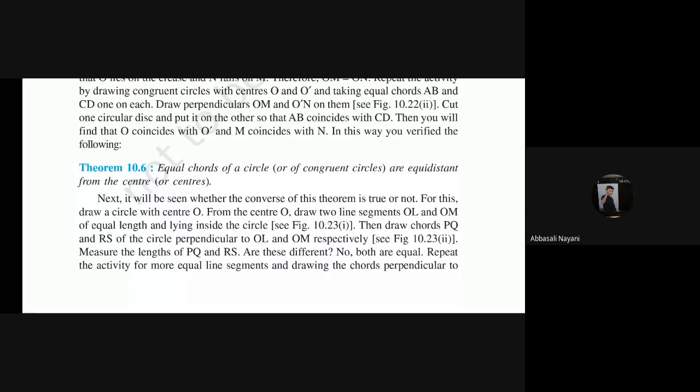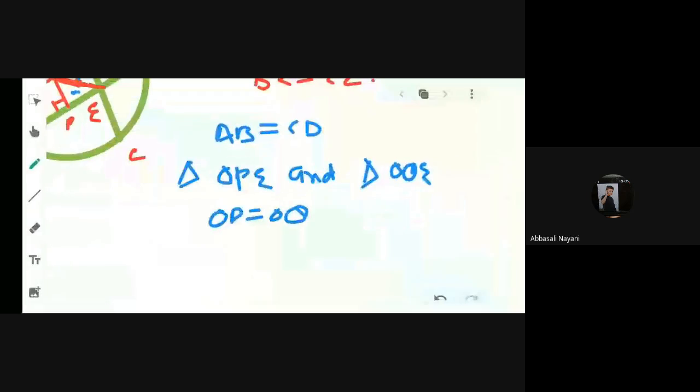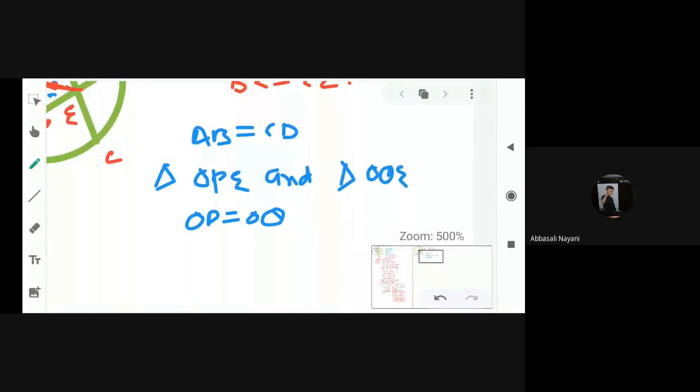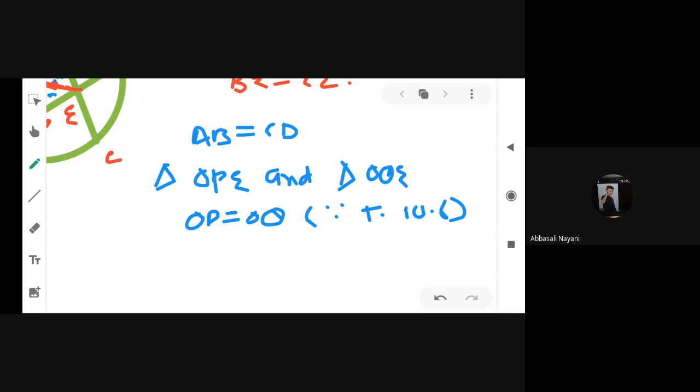If the lengths of the chords are equal, then the perpendicular distance from the center is always equal. It is equidistant. So we can write theorem 10.6 here.